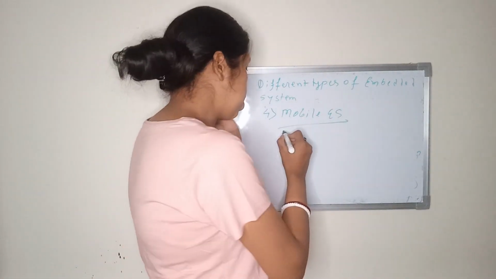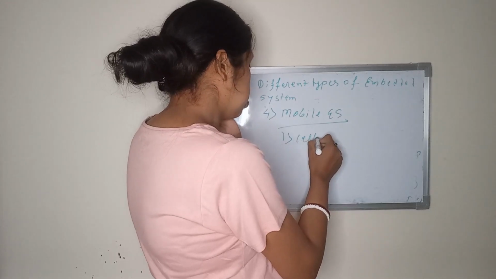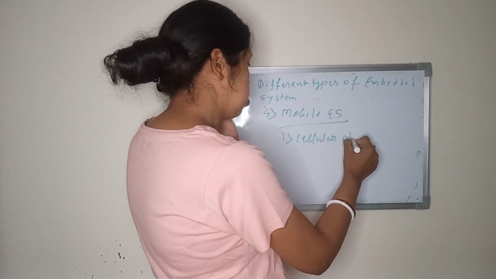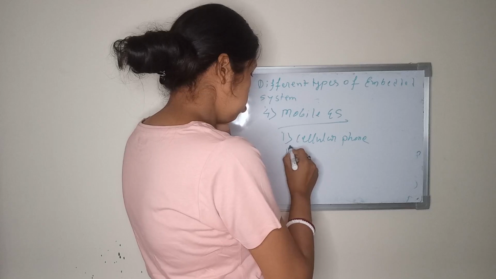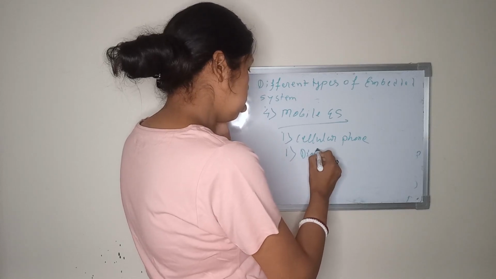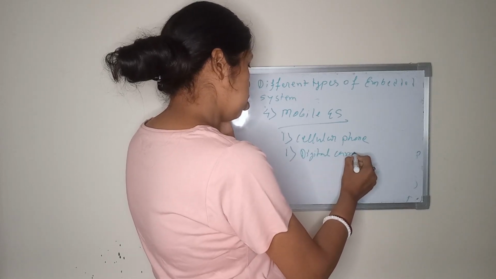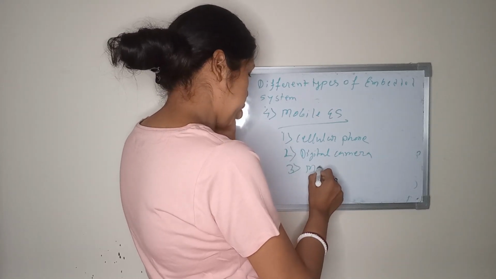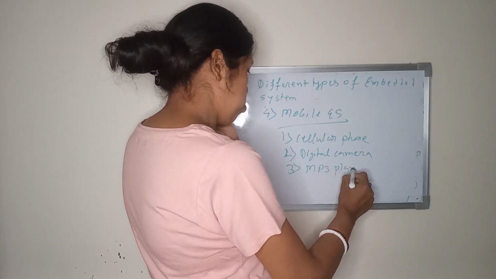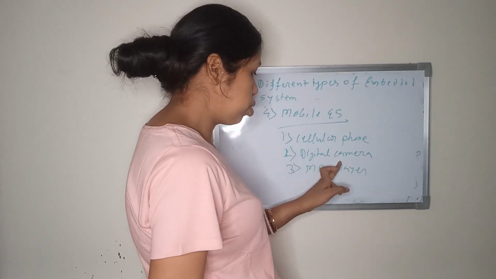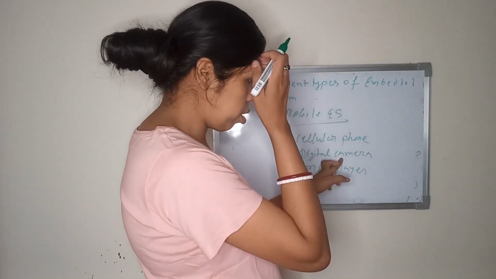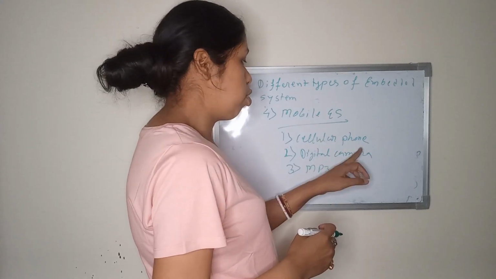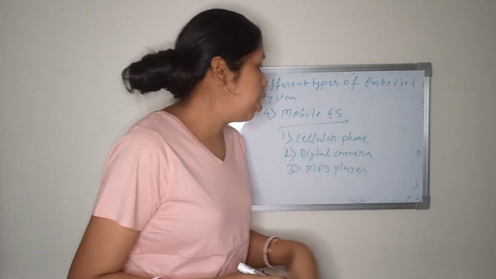First is the cellular phone, then digital camera, and MP3 player, to listen to music, to capture video or photos. These are under the mobile system.